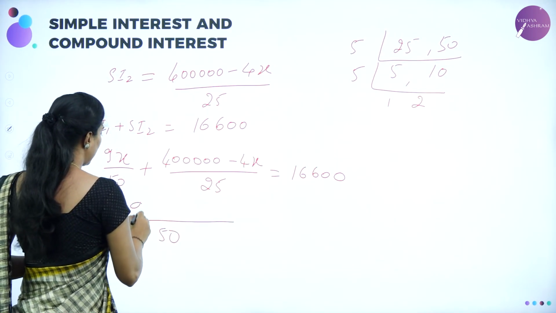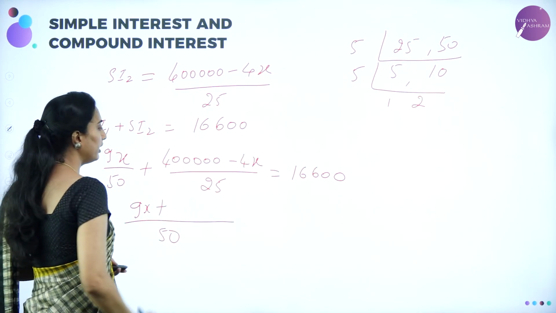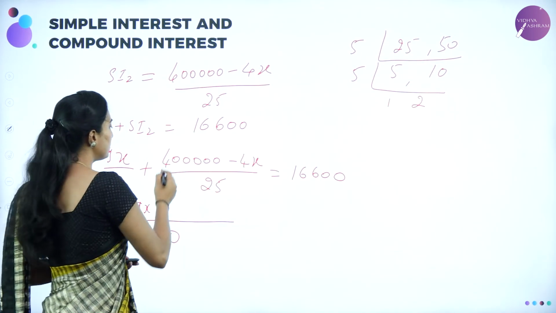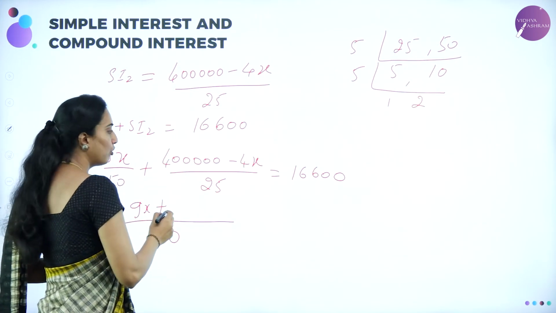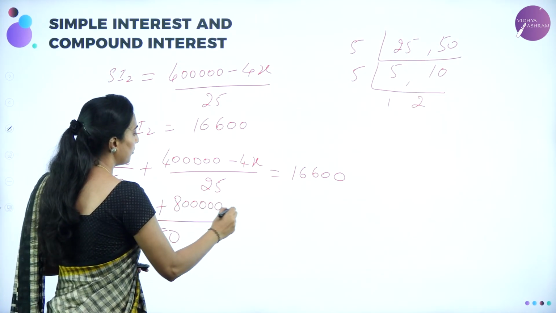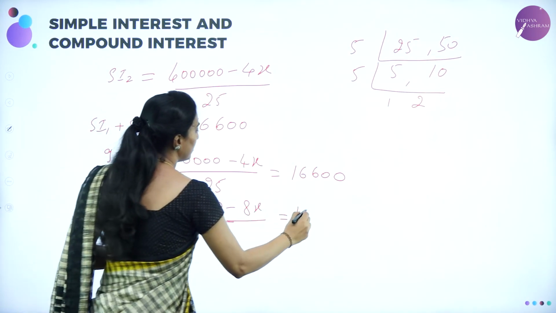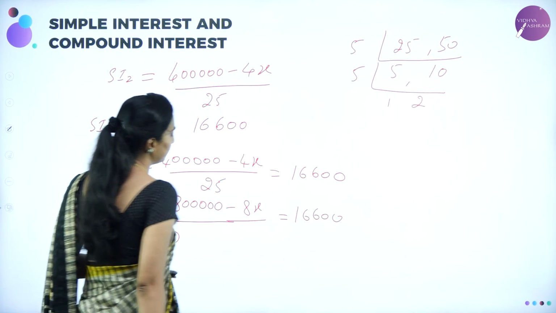So 9x plus, now how many times? 2 times, because 25 2s are 50. So 4 2s are 8 lakh minus 4 2s, which is 8x, is equal to 16,600. Understood?